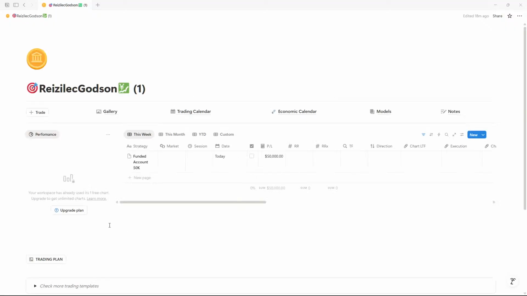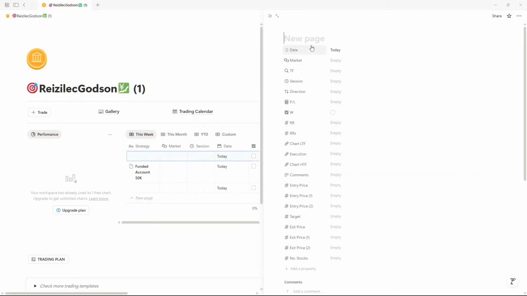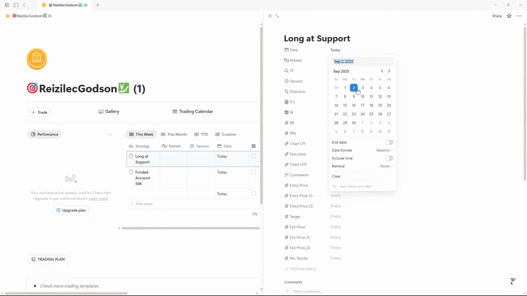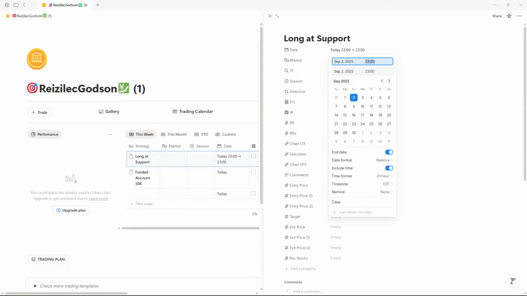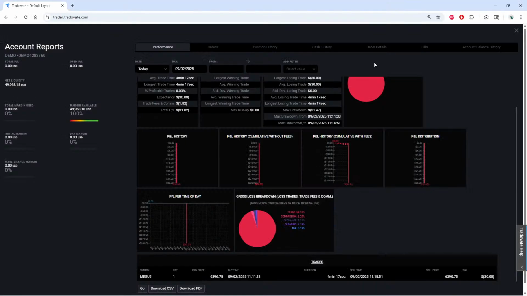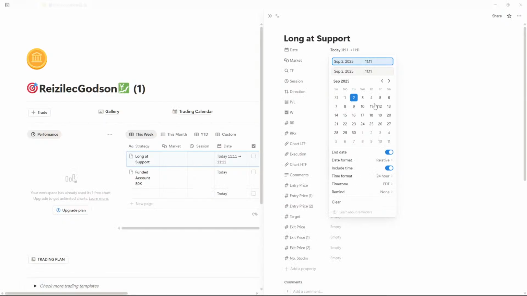So now that we know what to look for, I'm going to add today's trade anyways. Long at demand, long at support. Today it was 11 until 11:15.